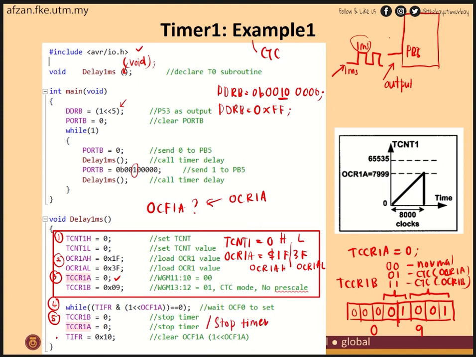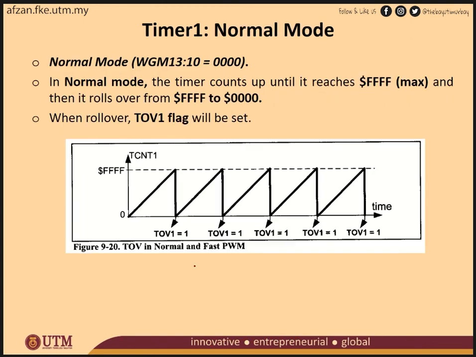And last but not least, after you stop your timer, you need to clear your flags inside your TIFR. So this one here, TIFR equal to 0x10. Why 0x10? You need to look back at your TIFR register.